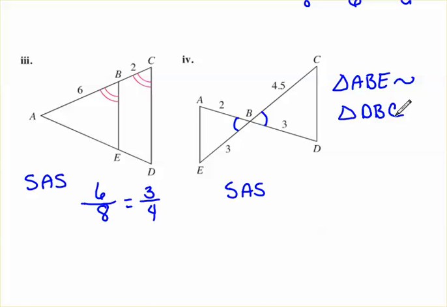So if we're looking at matching parts to matching parts, side AB would have to be in proportion to side DB. So that would be 2/3 for our scale factor. Or again, we could do that upside down, and then we would have the exact same thing, 3/2. You could also say it was in proportion that way.